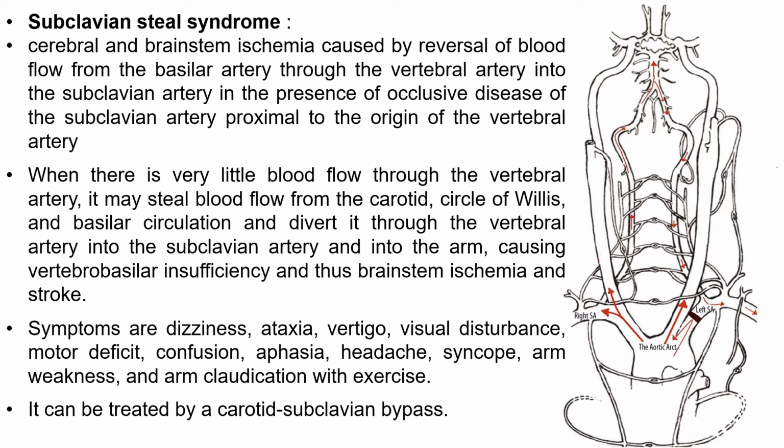Now that gets us to another important component. We just saw that the brain was supplied by branches of the subclavian artery and the carotid system, and together they form the circle of Willis. Now for whatever reason, a thrombosis can take place.